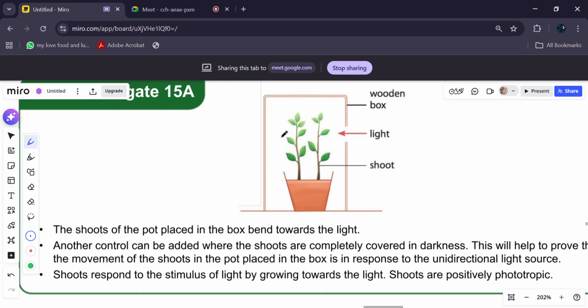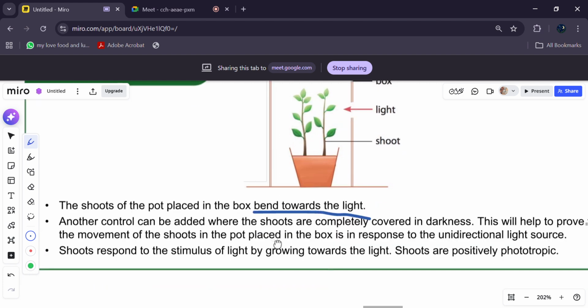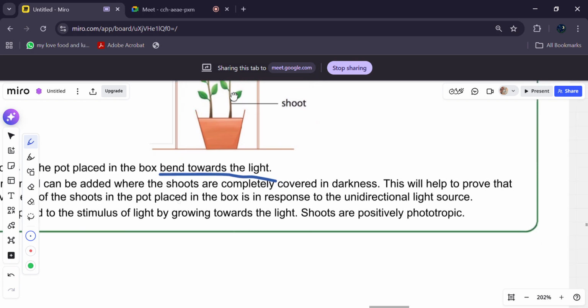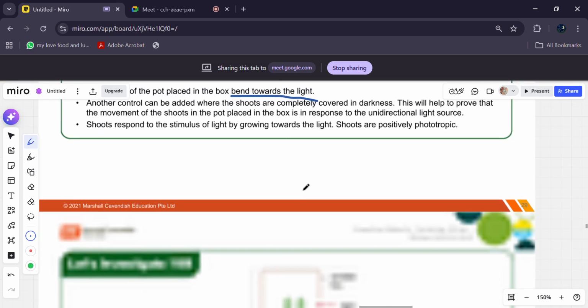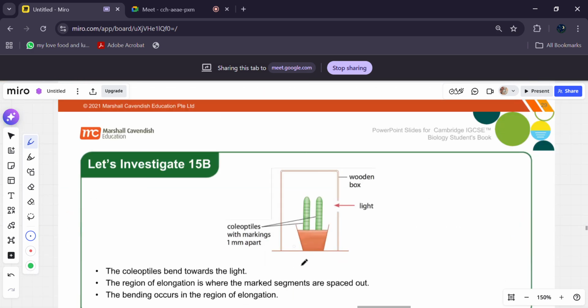So we have a wooden box and we have a plant pot. When you put seeds in the pot and you shine a light at a specific area, the shoots of the plant will grow towards and bend towards the light, as it's said here. This is an example of phototropism.